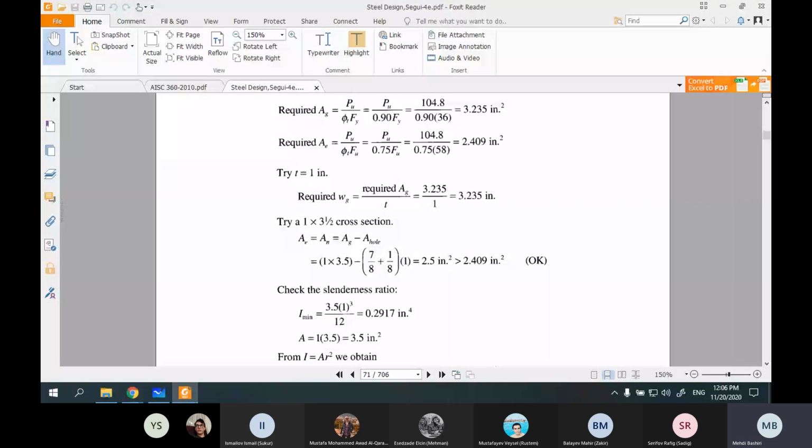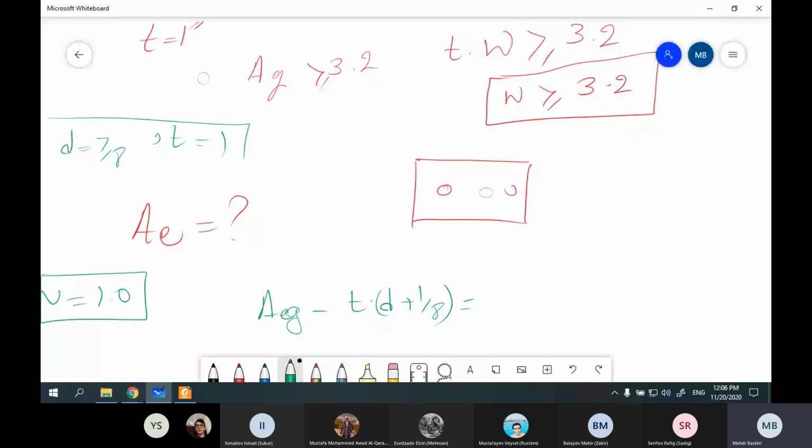Anyway, what was the required Ag? This is An, and because U is 1, Ae is equal to this. So for this case, 3.2 minus the diameter 7 over 8 plus 1 over 8, which is 1, times thickness 1, gives you 2.2.